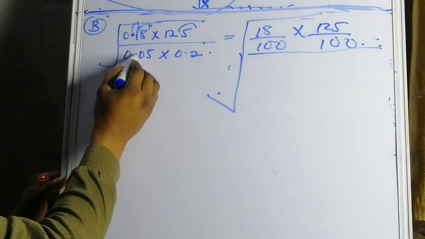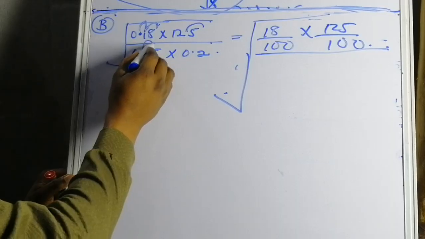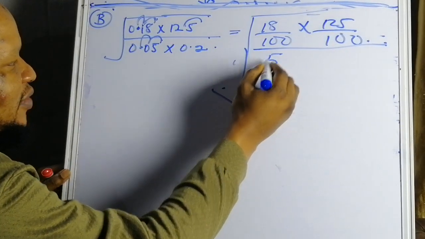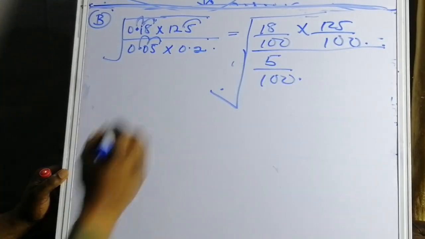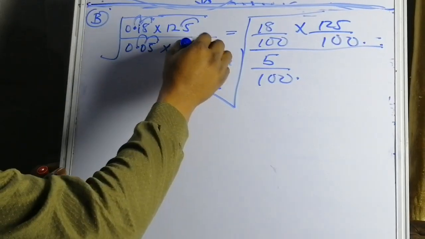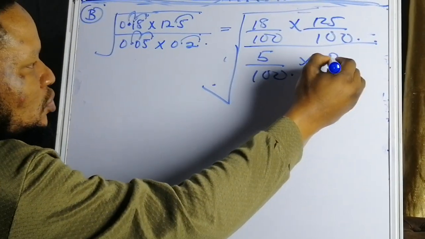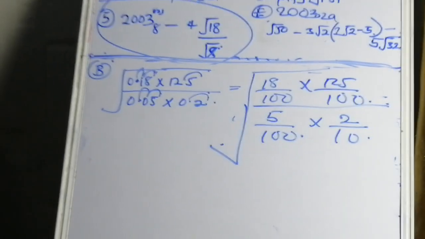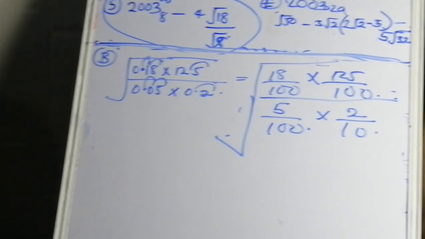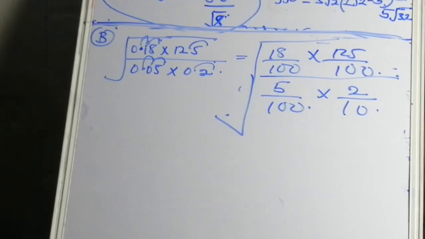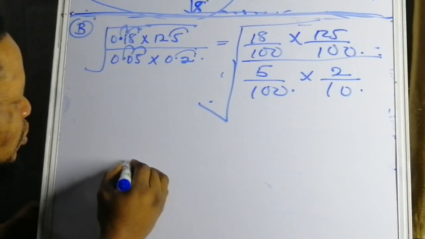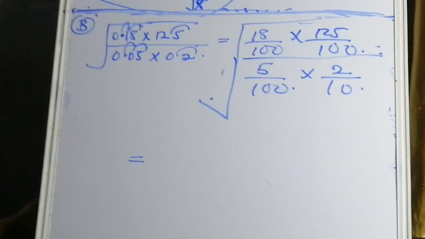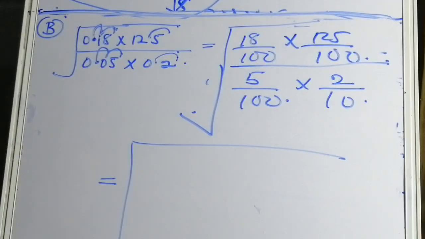Look at this point here too. At the denominator, I'm moving it 2 times. That's 5 over 100. And this one I'm moving 1 time, times 2 over 10. It's just as simple as ABC. Now from here, don't forget, we have a square.